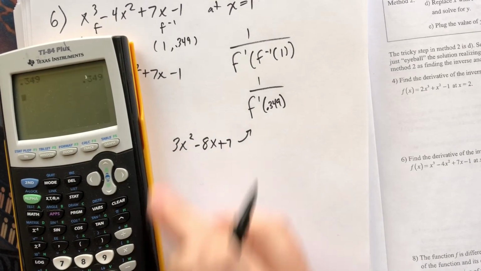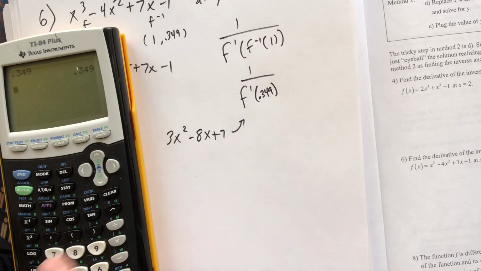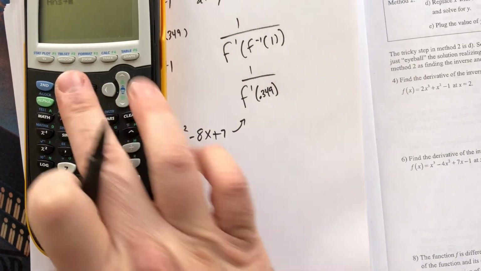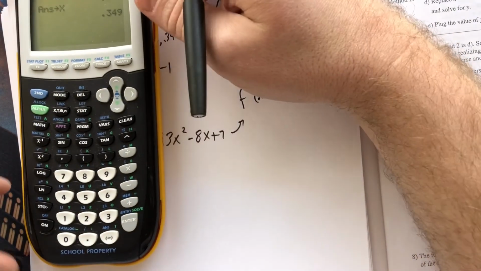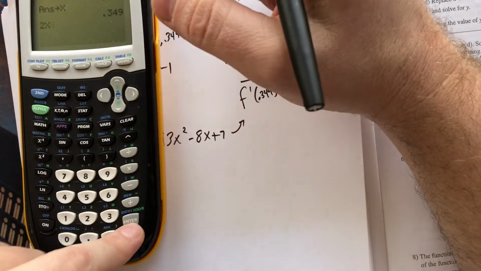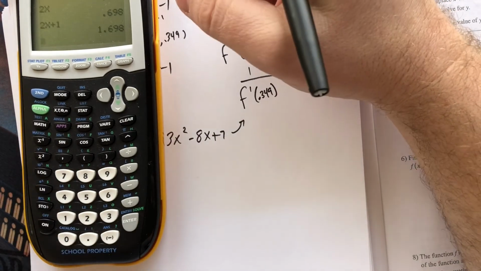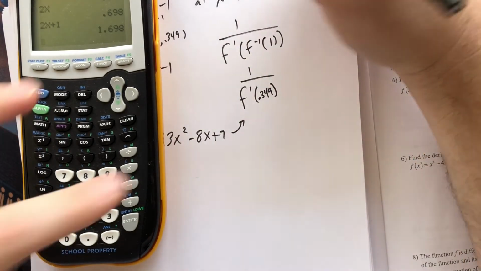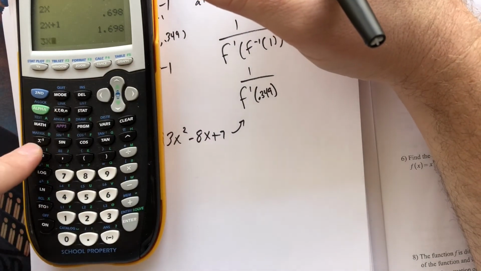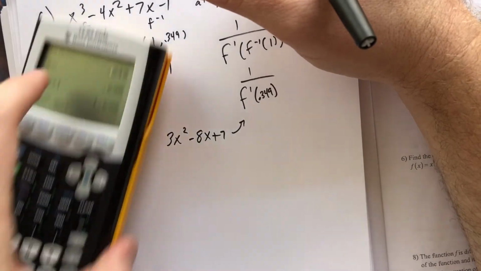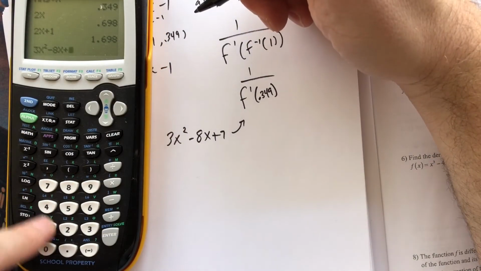Oh, here's a fun little trick. We got 0.349. If you hit the STO button right here, store, I can actually store that as a variable. And now anytime I type x, it'll hold on to that. So I can say 3x squared minus 8x plus 7, making sure I wrote 7 and not 9.